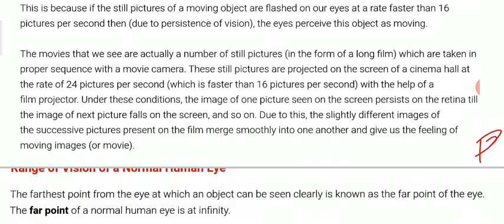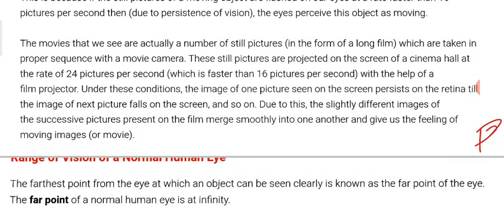The movies that we see are actually a number of still pictures in the form of a long film, which are taken in proper sequence with a movie camera. These still pictures are projected on the screen of a cinema hall at the rate of 24 pictures per second, which is faster than 16 pictures per second, with the help of a film projector.